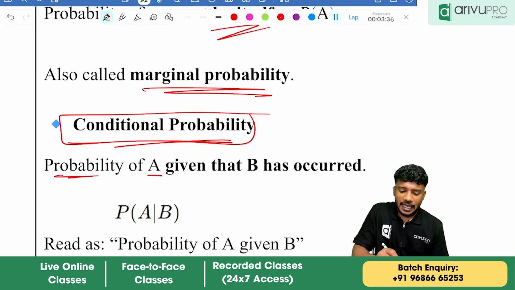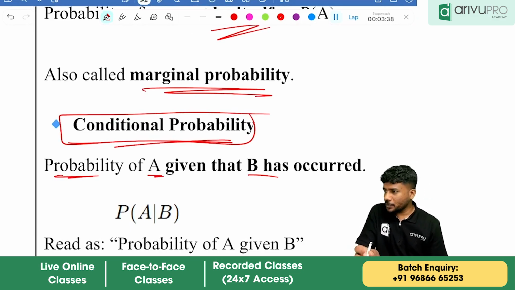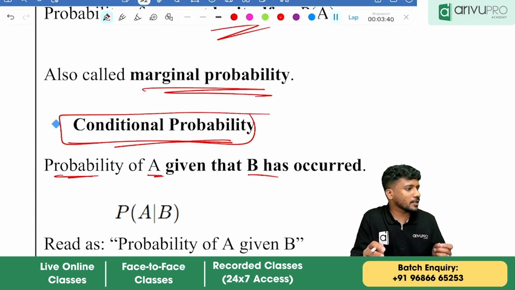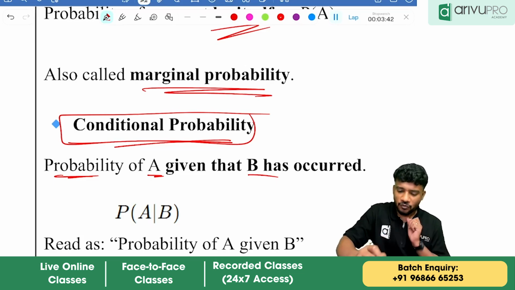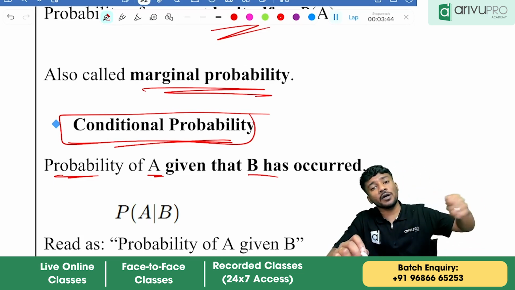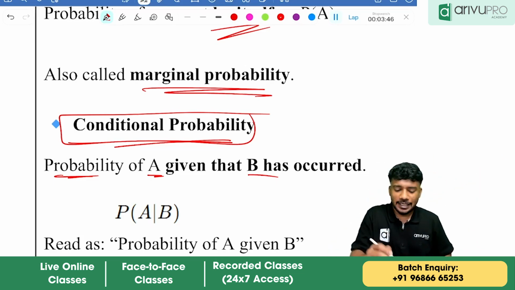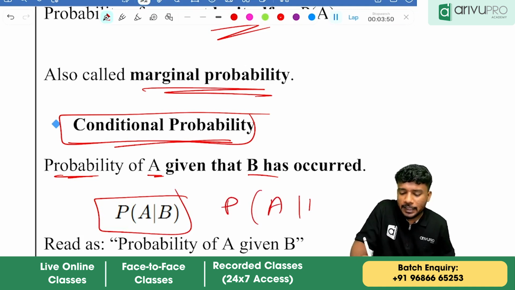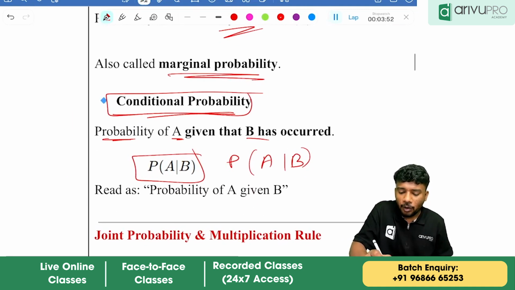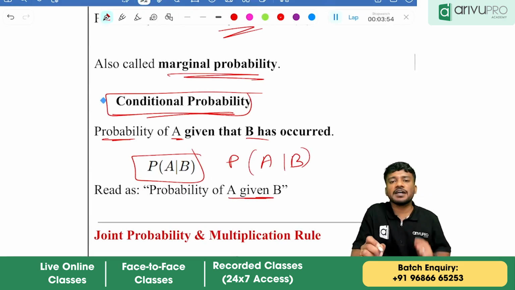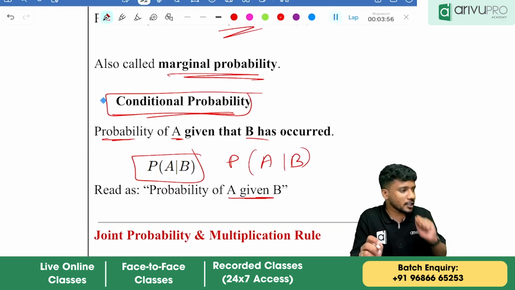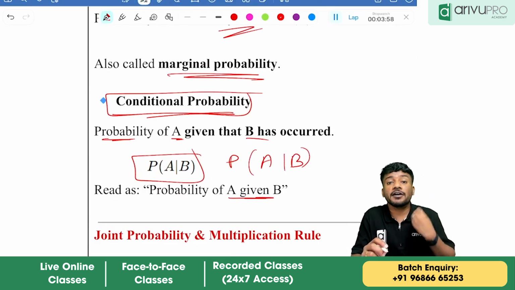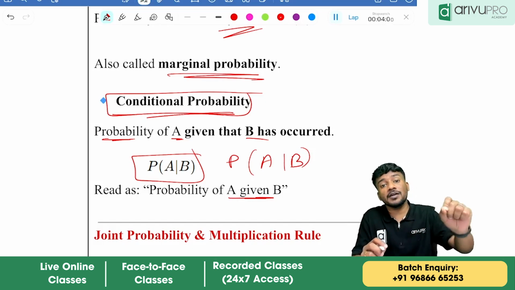Probability of A given that B has occurred means what is the probability of A happening when B has already happened. It is written as P of A by B. It is read as probability of A given B. That is something you should understand.